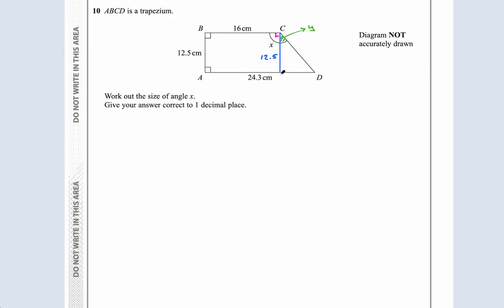And this length here, let's draw a purple line here. This length has to be 24.3 minus 16, because it's the whole thing minus this amount. And 24.3 minus 16 is 8.3. Now, and this, by the way, guys, is a right angle, but now I have a right angle triangle. I know two sides. It is SOHCAHTOA.